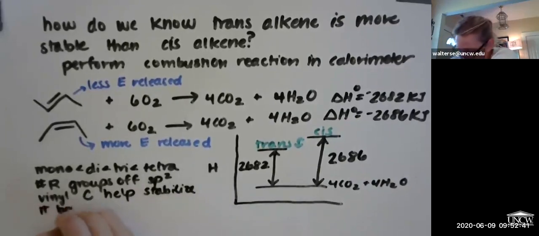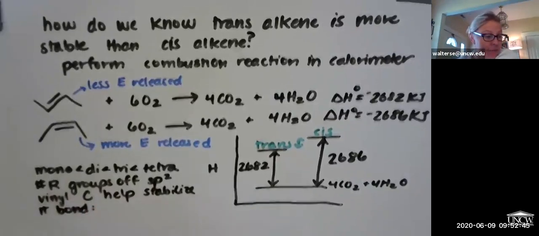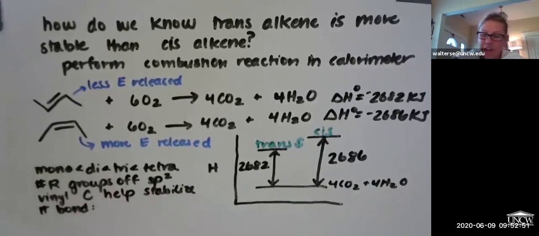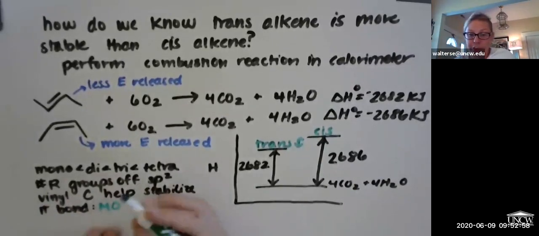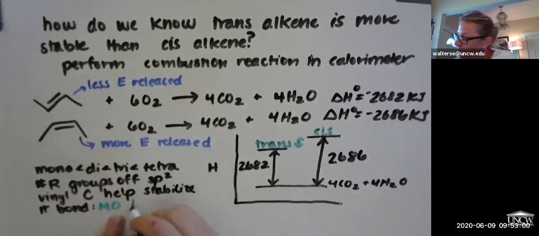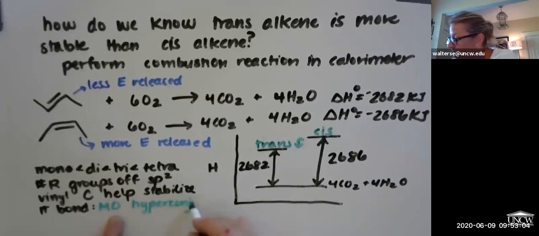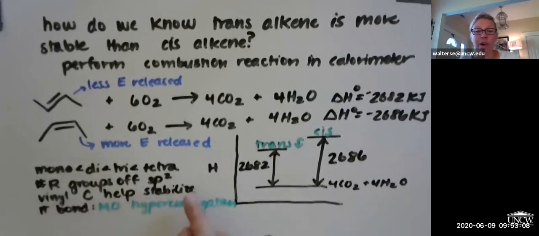Now the theory behind this is based in molecular orbital theory. And we're not going to go into a lot of detail, but it's an MO, molecular orbital theory idea called hyperconjugation.